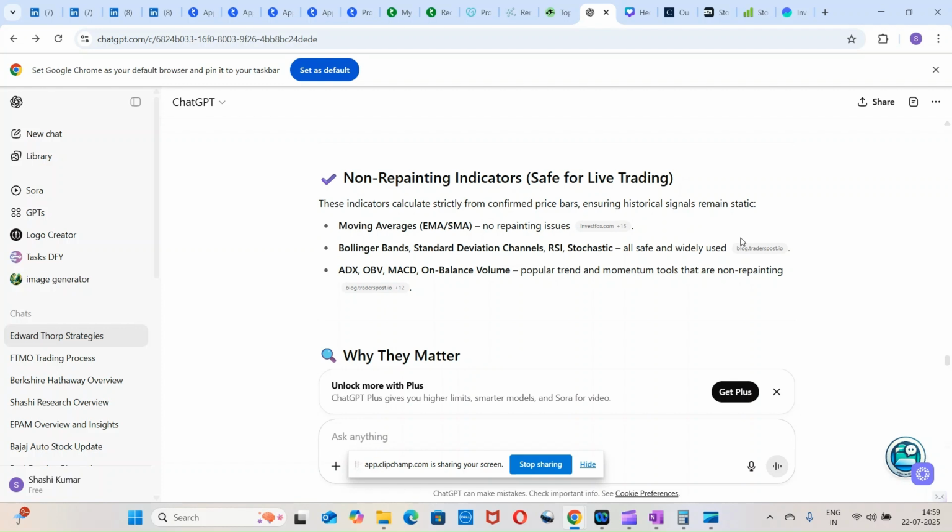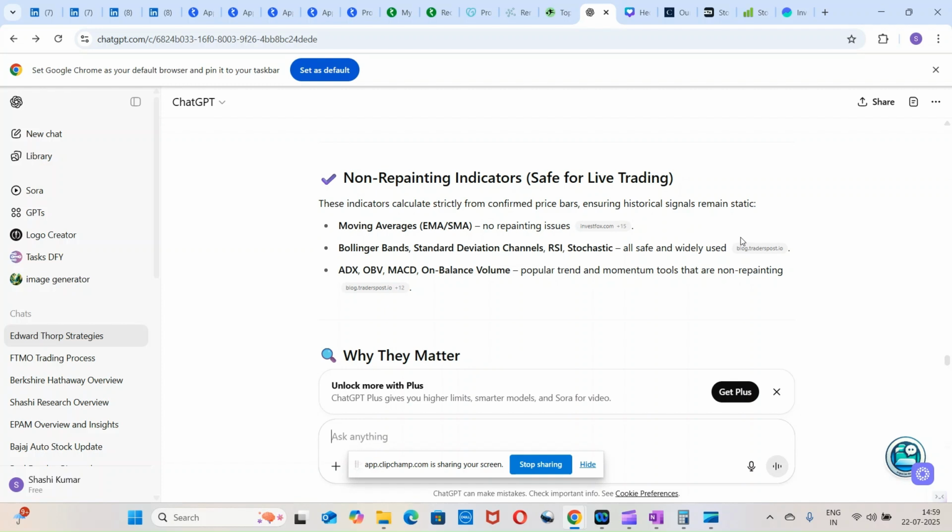A few of the non-repainting indicators which are safe for live trading are moving averages, the EMA as well as the SMA. There are no repainting issues in these. Bollinger Bands, standard deviation channels, RSI, stochastic. These are also safe and widely used. Even pivot points and central pivot range, CPR.